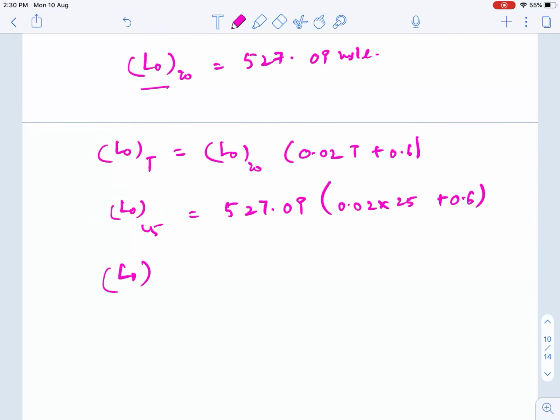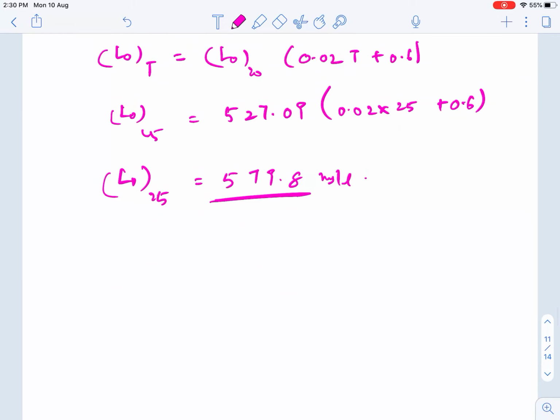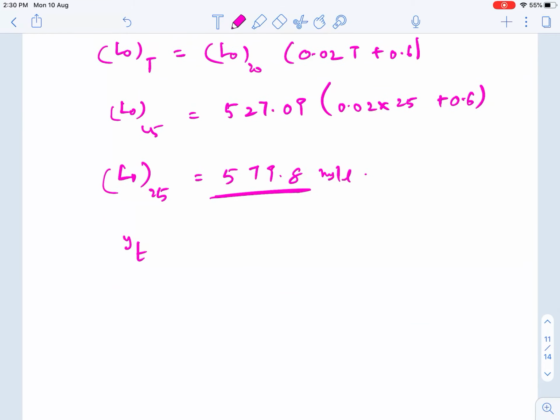So ultimate BOD at 25 degrees centigrade is equal to 579.8 milligrams per liter.